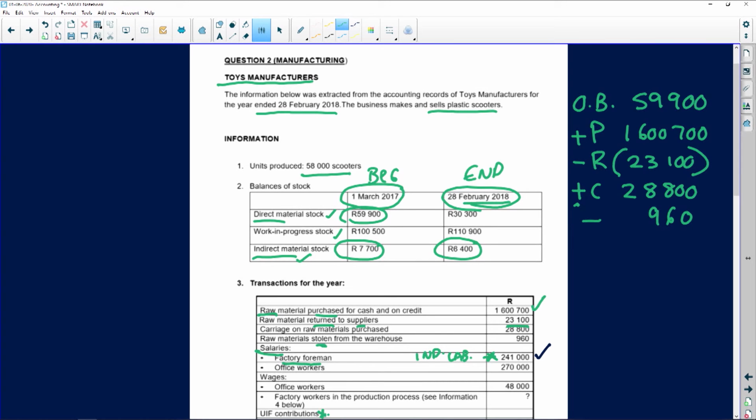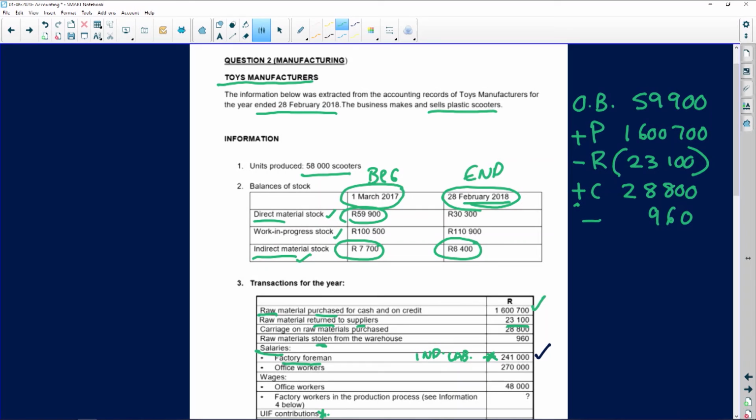Okay, right. And then finally, raw materials at the end of the year. So how much of raw materials were on hand at the end of February 2018? You're going to clearly subtract your closing balance. Okay, so at the end of the year, my raw materials on hand, 30,300. So 30,300, and again, I'm going to quickly put that in brackets.